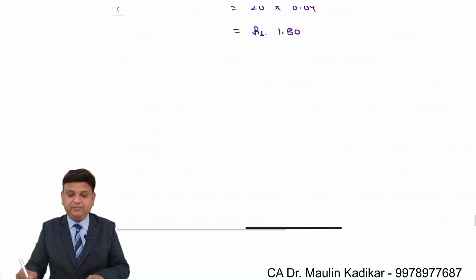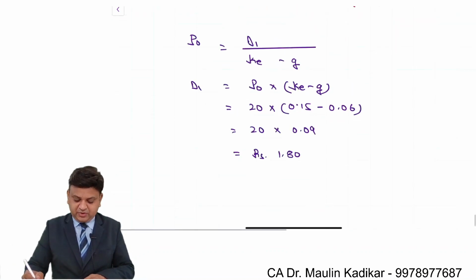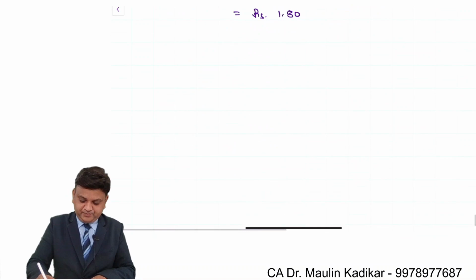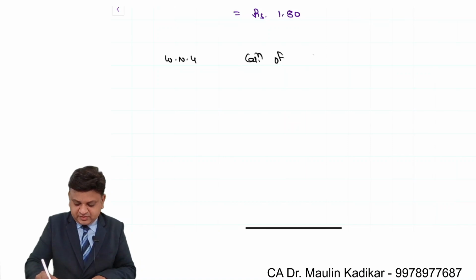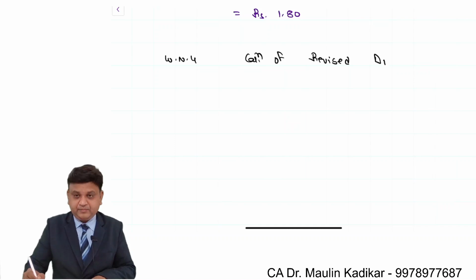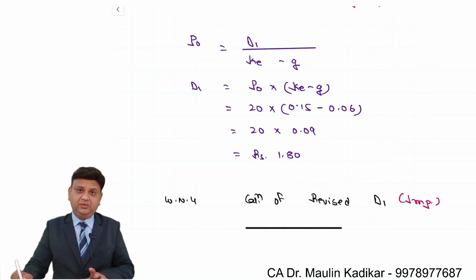Afterwards, we'll make, importantly, the working for revised D1. That is the most important working note according to me. Working note number 4. Calculation of revised D1. Now, how we are supposed to make the calculation and why this working note is important, let me explain that to you.